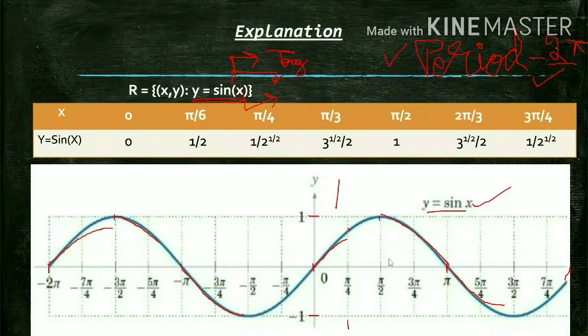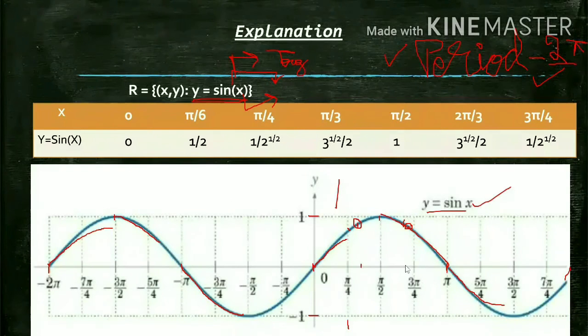Now consider this. Let me consider any two different ordered pairs. Suppose this and this. So these are two different ordered pairs. If I consider them, this and this, both have different images, but we do not have the same first component.